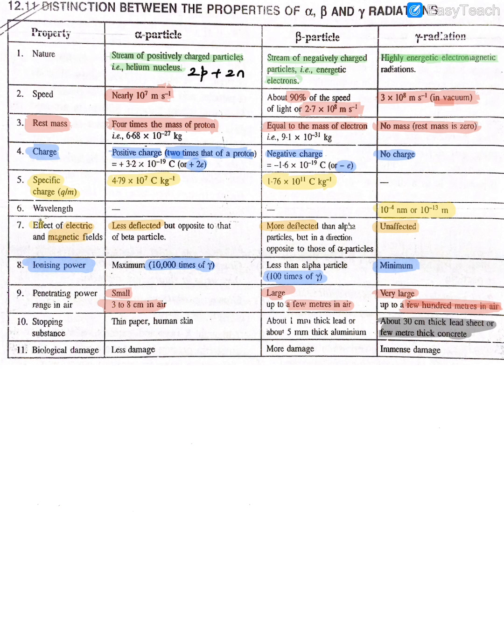Then for beta it is relatively easier. You need 1 mm thick of lead or 5 mm of aluminium sheet. And alpha particle is the easiest to stop. You can just make use of thin paper, or your normal human skin is also able to stop them.